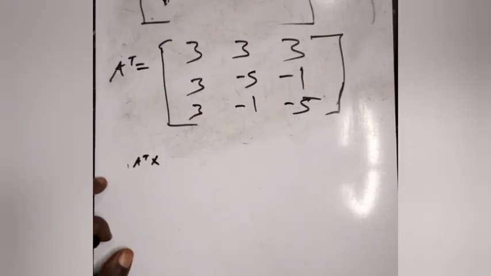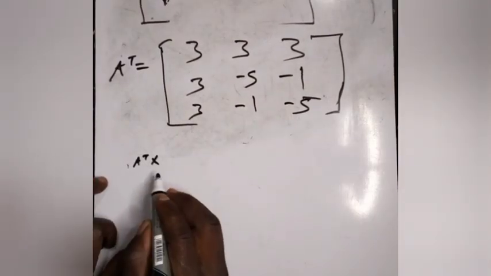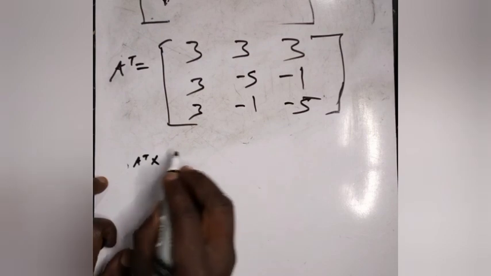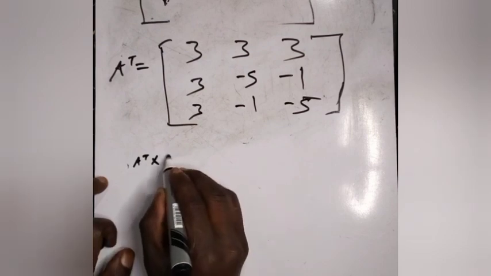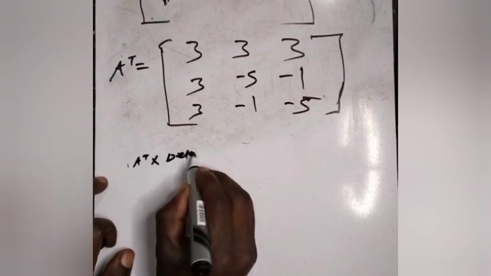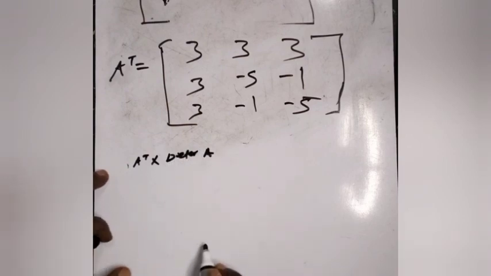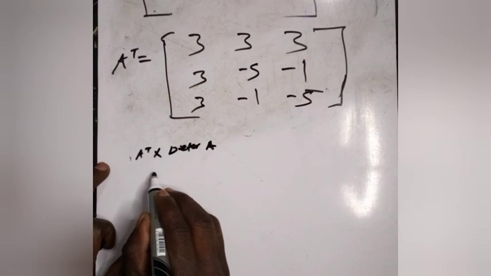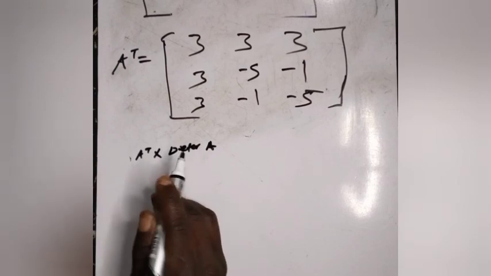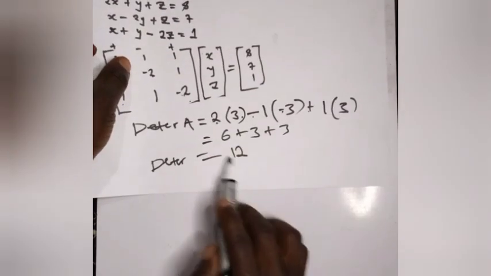So now let's multiply the transpose which we have found by the determinant which we have found, the determinant of A. The determinant which we found was 12.